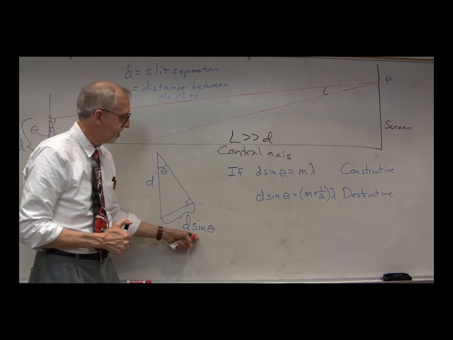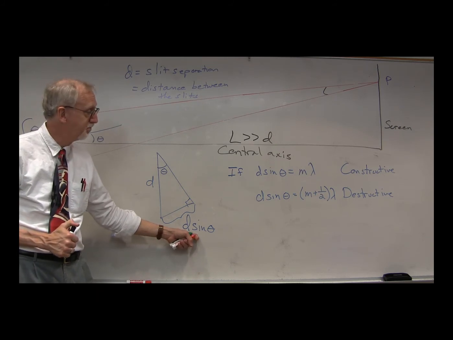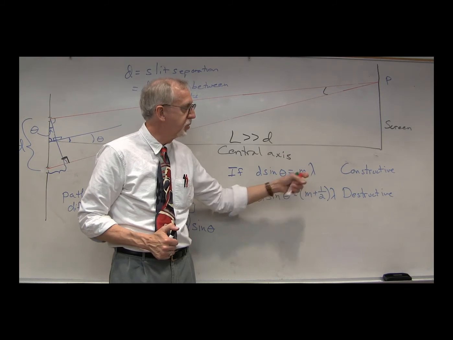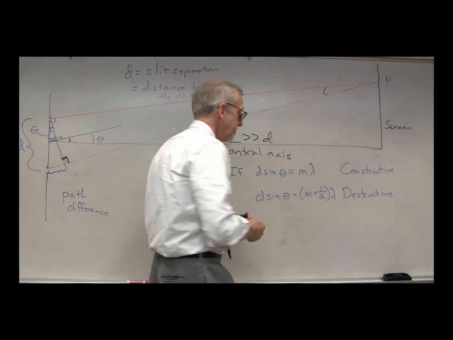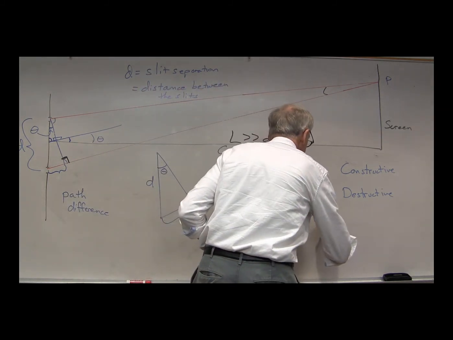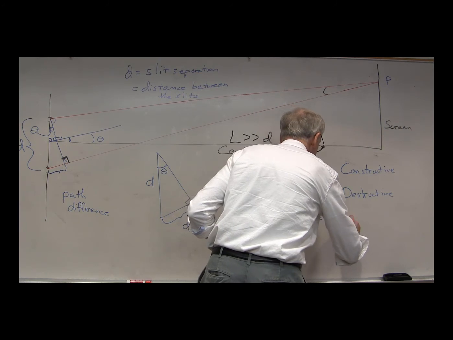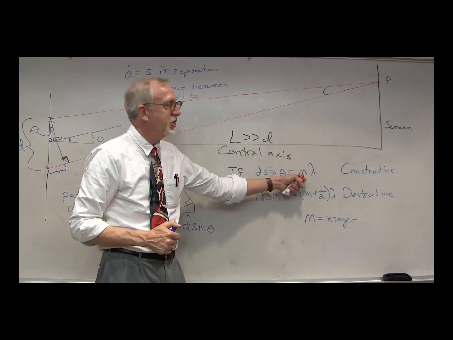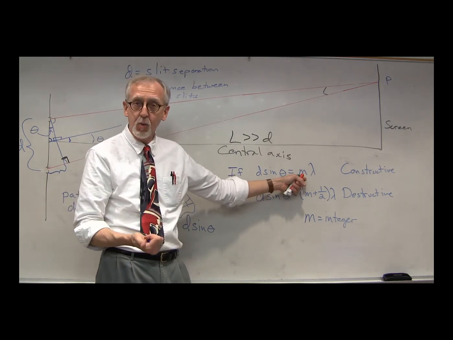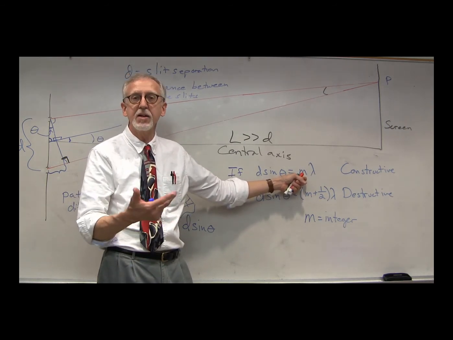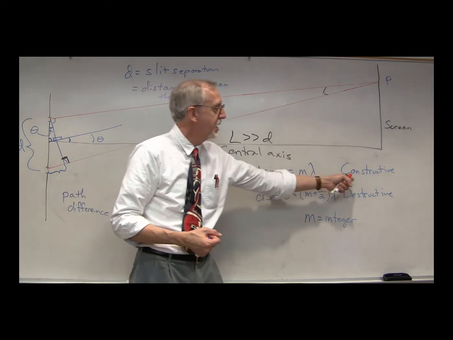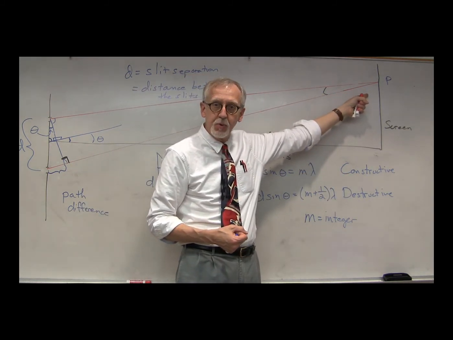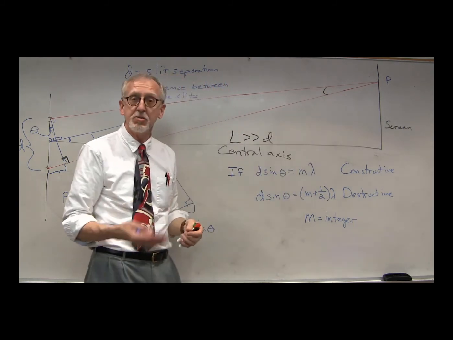So what do we have? The path difference, d sine theta, if that is an integer number of wavelengths, so we're going to assume that m is an integer, 0 wavelengths, 1 wavelength, 2 wavelengths, 3 wavelengths, then the two waves are going to be back in phase when they make it to this point, and we will have constructive interference.